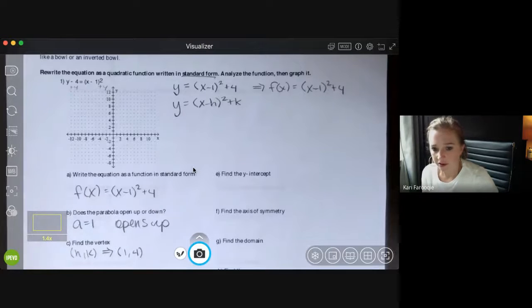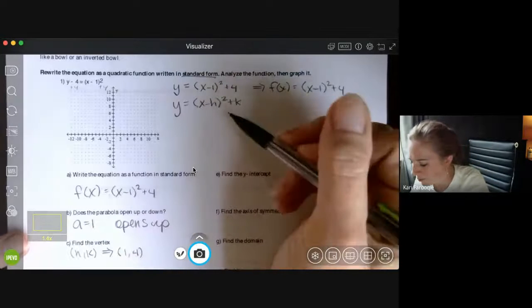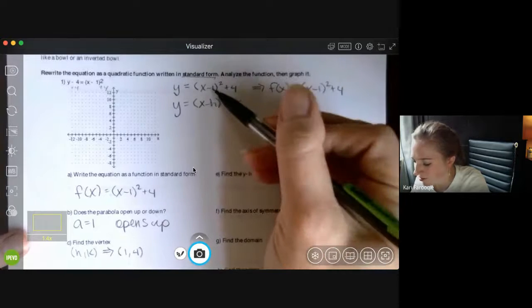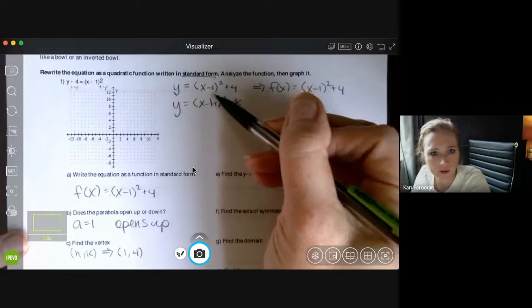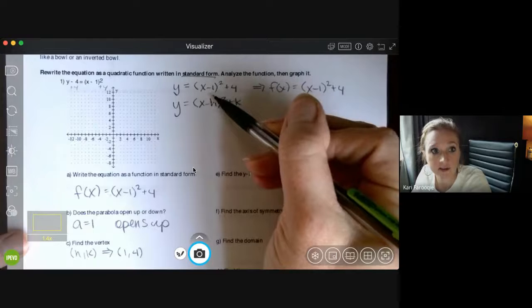The vertex, why not -1? People always want to know that. I know it's really hard for us to look at this as being a -1 and not think of it as -1.